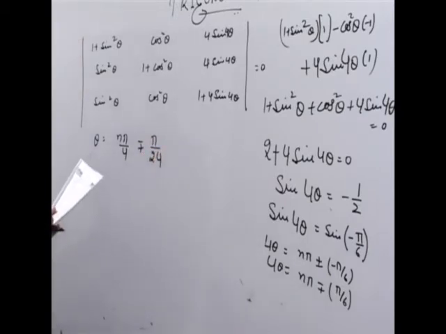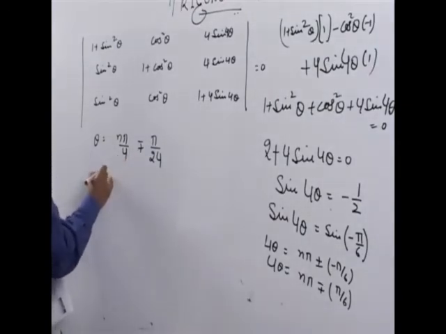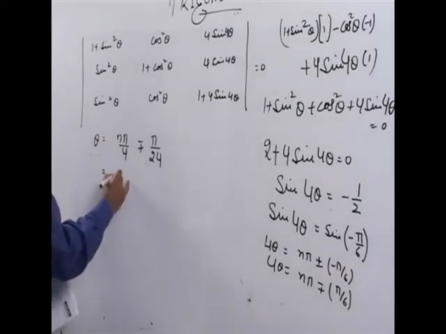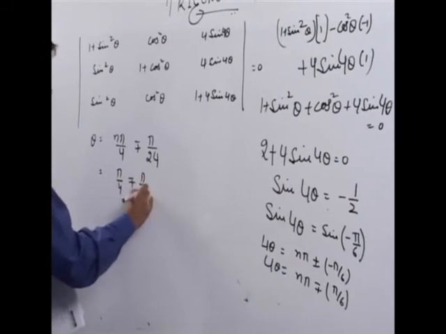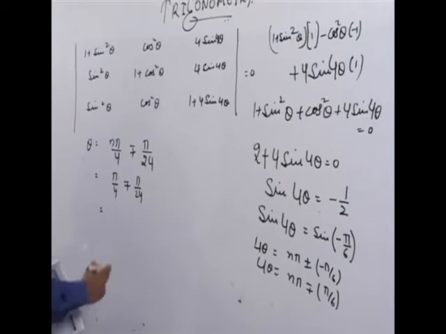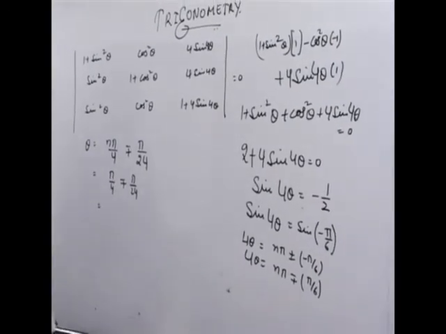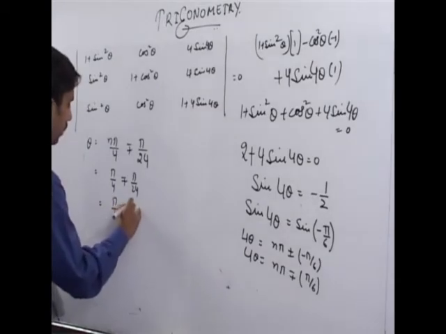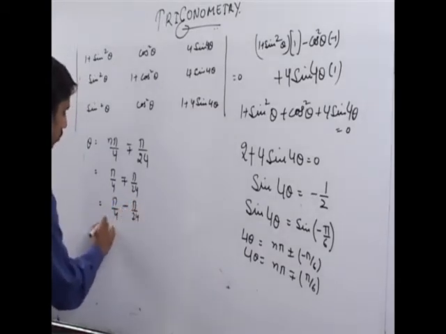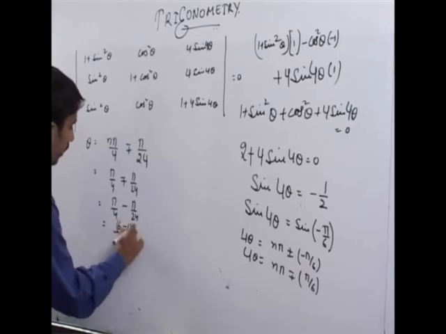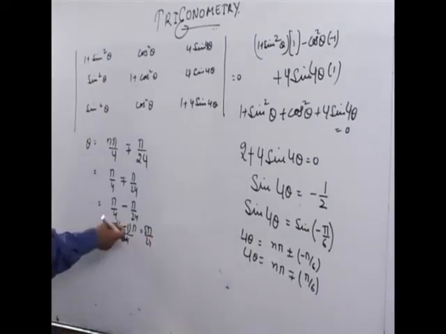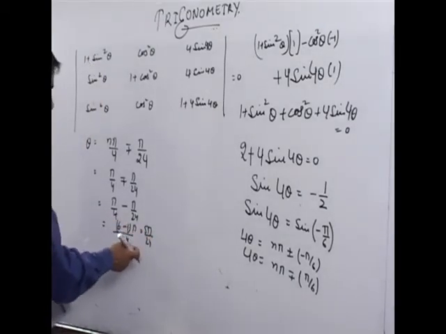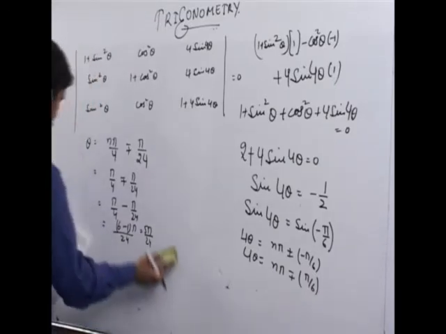Now since theta lies between 0 and pi by 2, when you put n equal to 1, you will get pi by 4 minus plus pi by 24. That gives 6 plus 1, 7 pi by 24, and pi by 4 minus pi by 24, which gives 6 minus 1 into pi by 24, which is 5 pi by 24, or 6 plus 1 pi by 24, that means 7 pi by 24, which is not in the interval 0 to pi by 2.